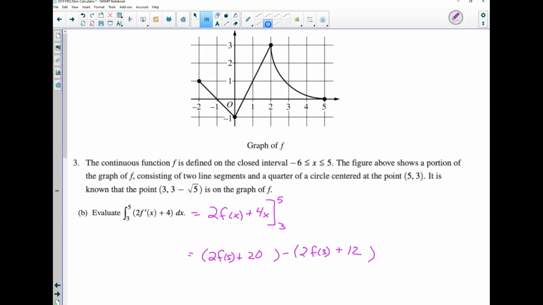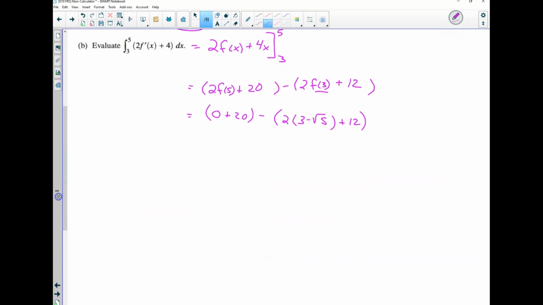And there's a 2. So then I need to know what f of 5 is. I come over here and say f of 5 is 0. So this is going to give me 0 plus 20 minus 2 times, what is f of 3? It's 3 minus the square root of 5, plus 12. So then I keep chugging and plugging here.